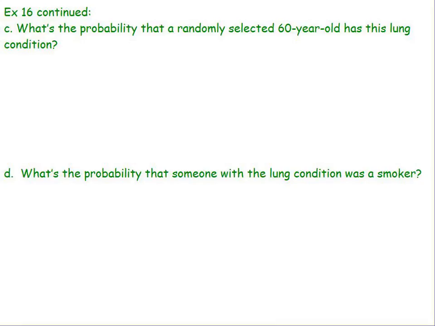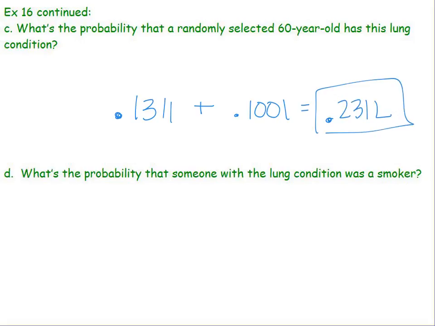Well, if you look back at your tree diagram, we had the smoker and lung condition, which was 0.1311. We also had the non-smoker and lung condition, which was 0.1001. And we're going to add those options together, and we get the 0.2312 that we've already used.